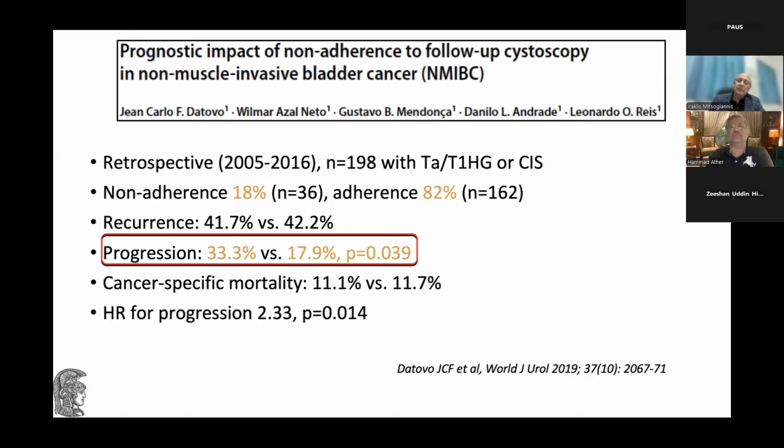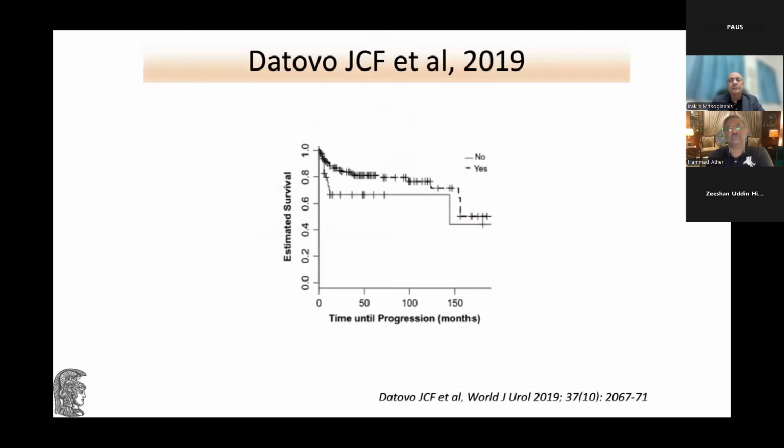There are also some other studies indicating the same, and also that the recurrence rate is influenced by non-adherence to the strict protocol. And we can see here the estimated survival for patients in the adherence and non-adherence groups.